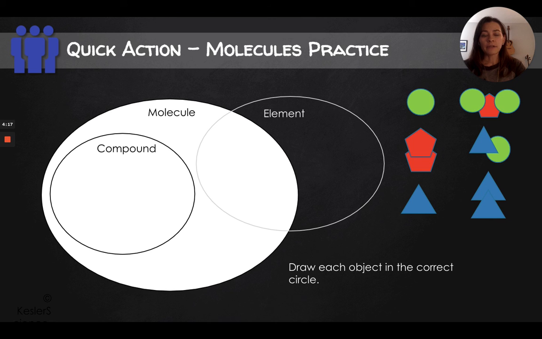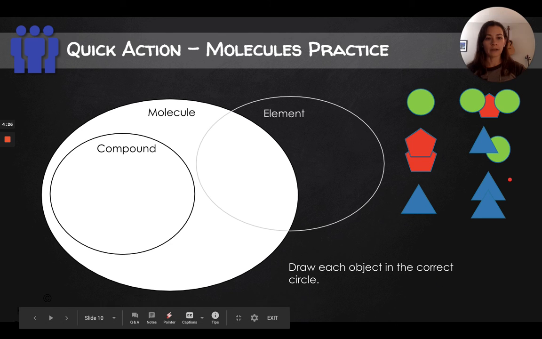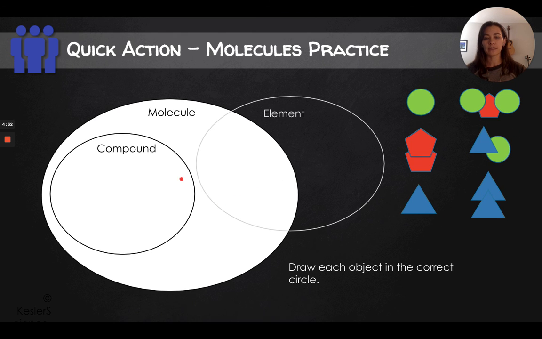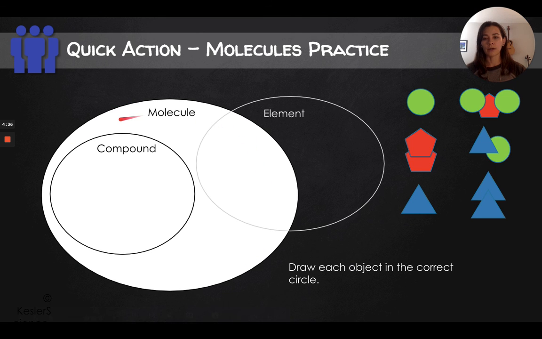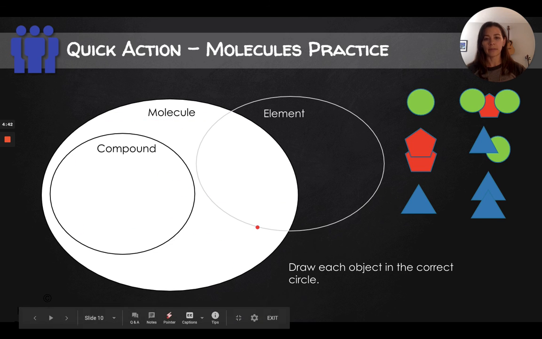And now, what I'm going to have you do, you will see the same image in your notes pages. And these little pictures on the right, I want you to put them in the correct bubbles. So are they compounds? You'll notice that all compounds are molecules, and some elements are molecules. So this is kind of like a very complex Venn diagram.